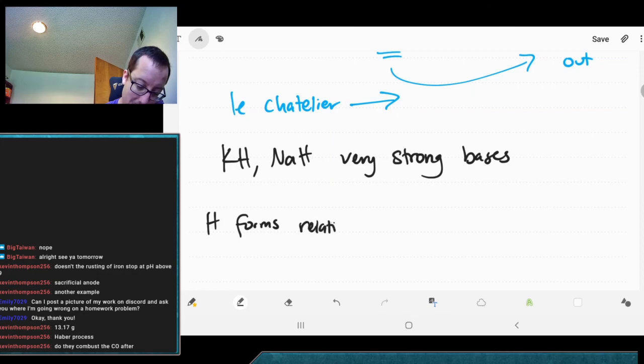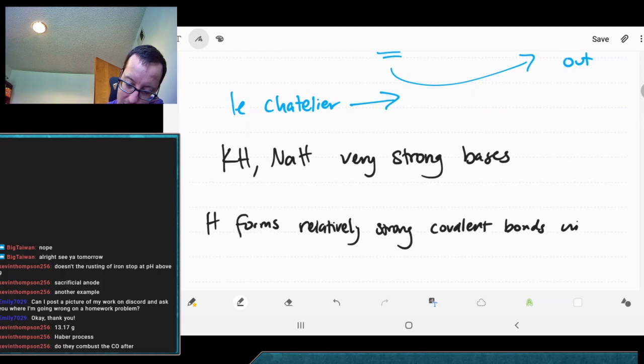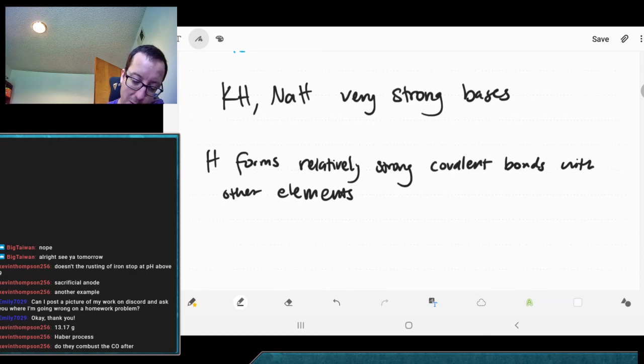H also forms relatively strong covalent bonds with other elements. Notably, the carbon-hydrogen bond is very, very strong.